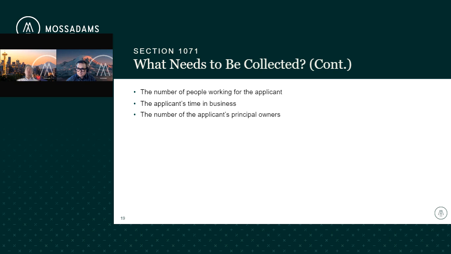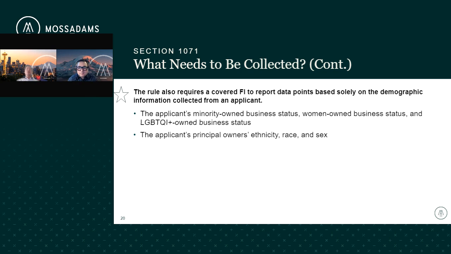A few additional bullet points here related to what needs to be collected. The rule also requires a covered financial institution to report data points based solely on the demographic information collected from an applicant.